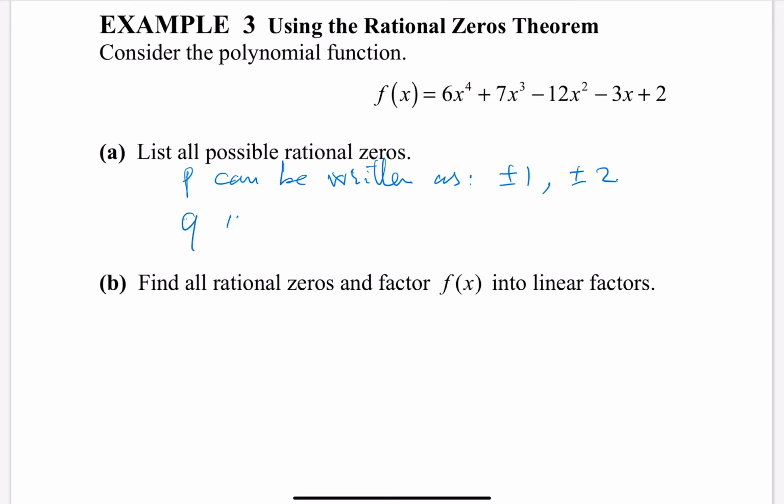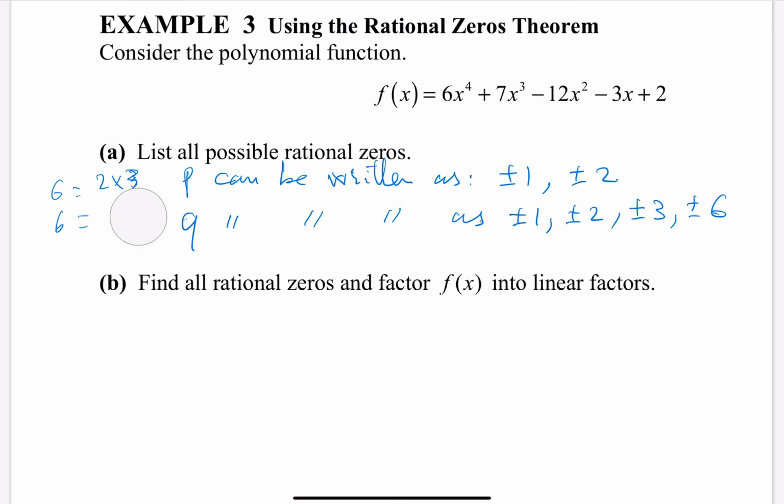Same thing, Q can be written as positive, negative 1, positive, negative 2, because it's 6. Be careful, it's 2 times 3, and 6 is also 6 times 1. Then you have this one, and positive, negative 3 and positive, negative 6.